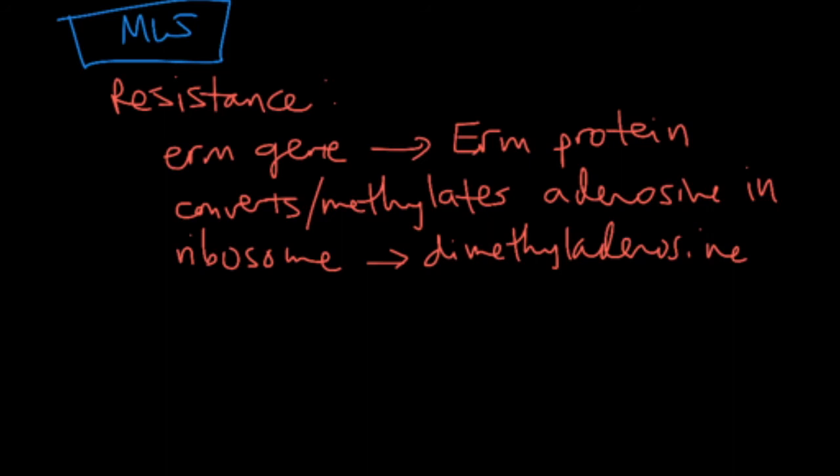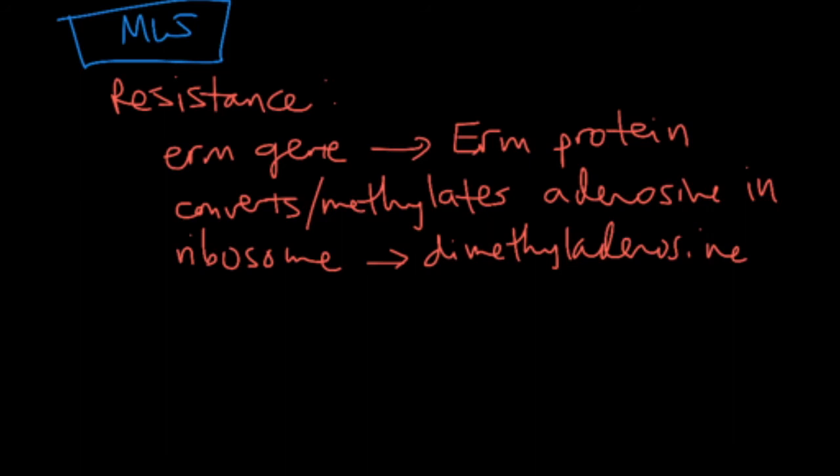So, these drugs are resisted by bacteria because bacteria have produced an ERM gene, which produces the ERM protein. And this protein converts adenosine in the ribosome to dimethyladenosine.